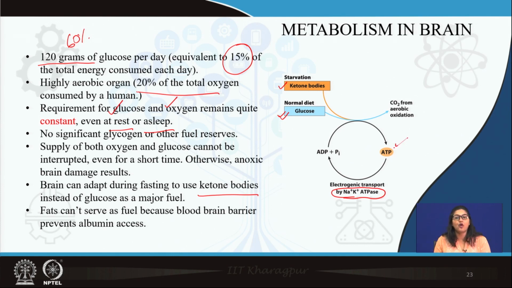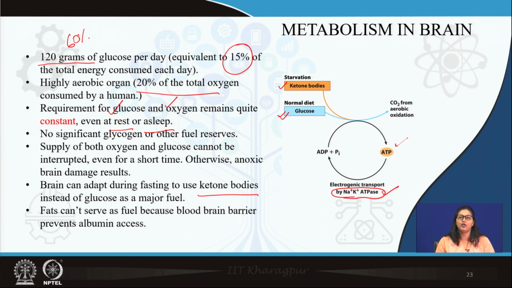So, if there is fall of ATP, there is fall of this transporter activity. What happens? Transmission is hampered. So, all goes into jeopardy. So, constant and regular supply of oxygen and glucose should be there in brain, and brain is the first priority organ in our body.